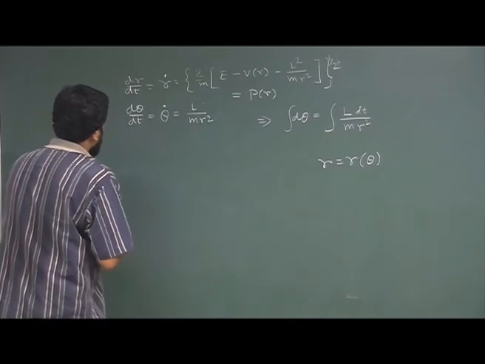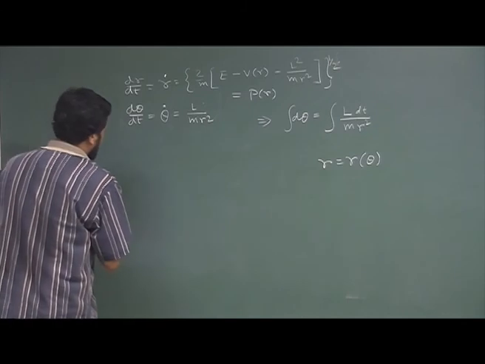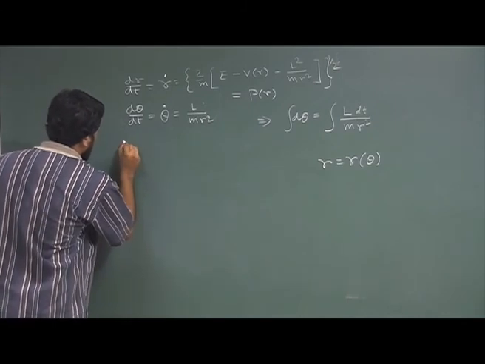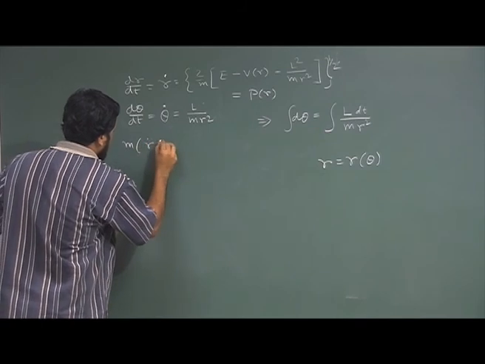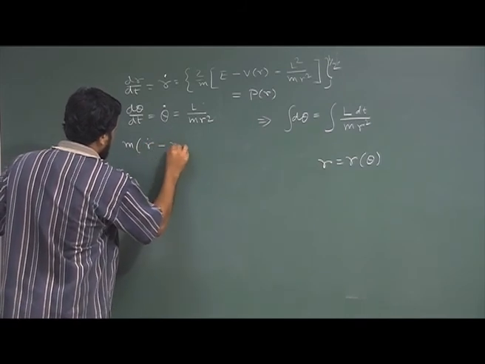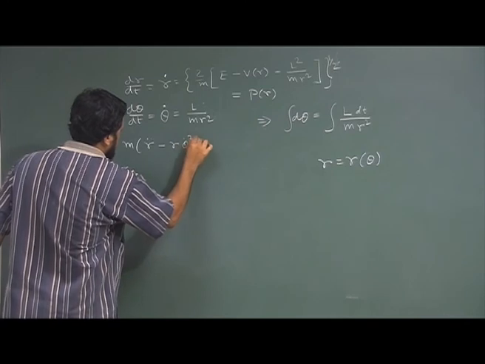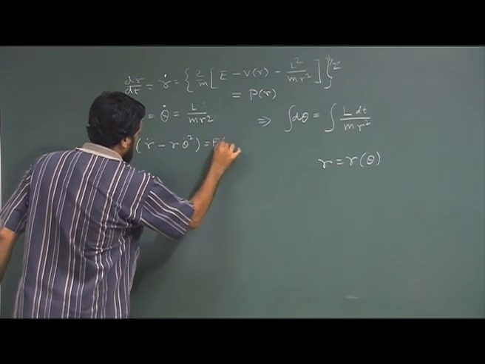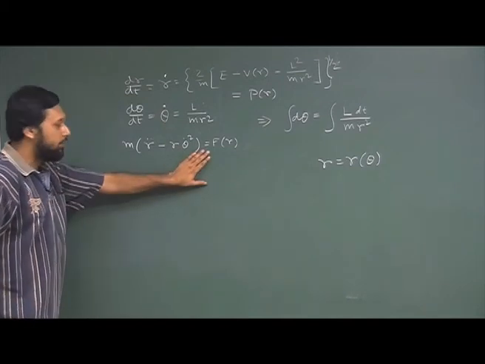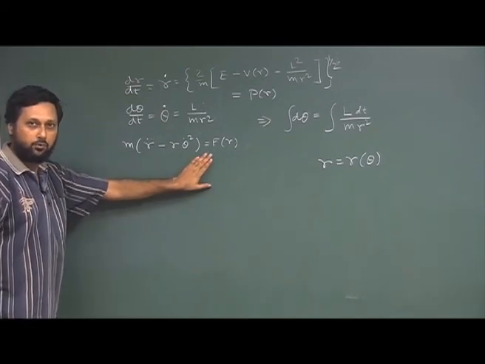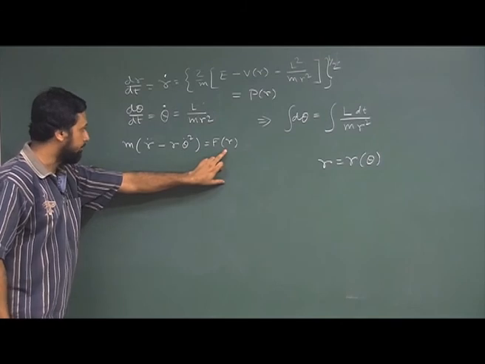We can do that by recalling that m (r double dot minus r theta dot square) is equal to f(r). This is the standard equation of motion under the central force f(r).